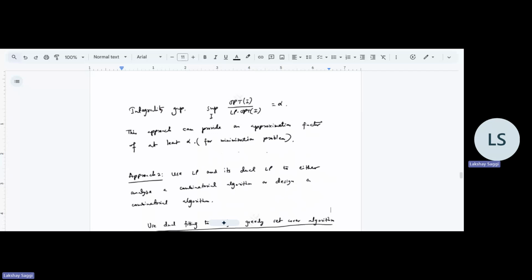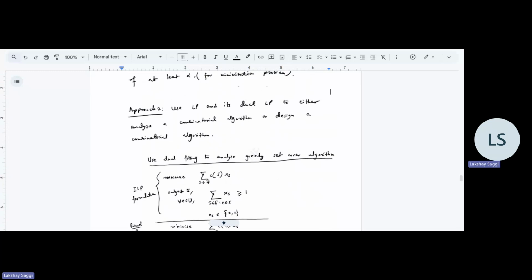Another approach I used, so right now this approach is rounding the solution obtained by the linear program to design the approximation algorithm. Another approach used to design approximation algorithms using these solutions to linear programs is using the LP and its dual LP to analyze or to design a combinatorial algorithm. This is also called dual fit.